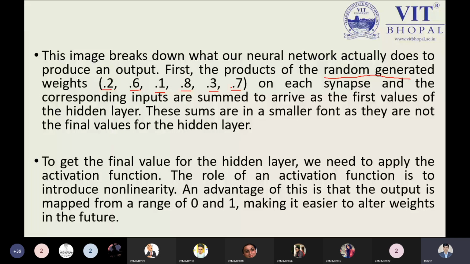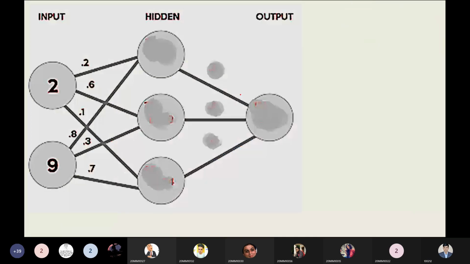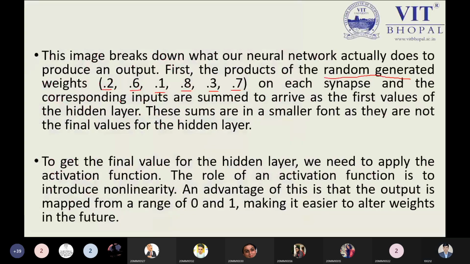I will explain everything with the practical numerical portion. Once again, the weights given are 0.2, 0.6, 0.1, 0.8, 0.3 and 0.7.